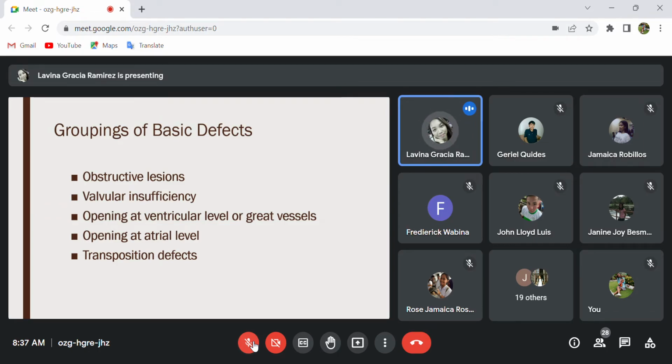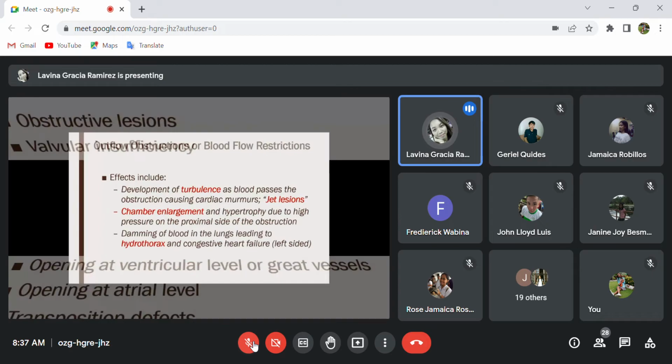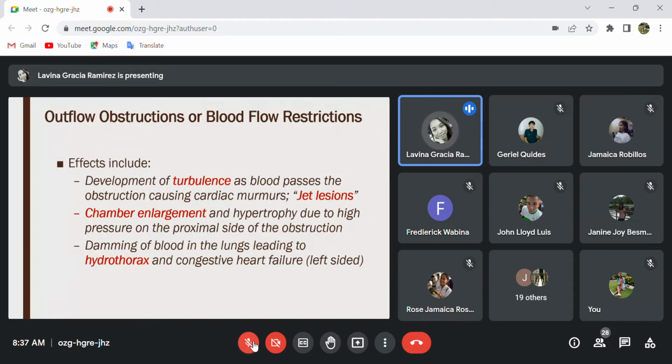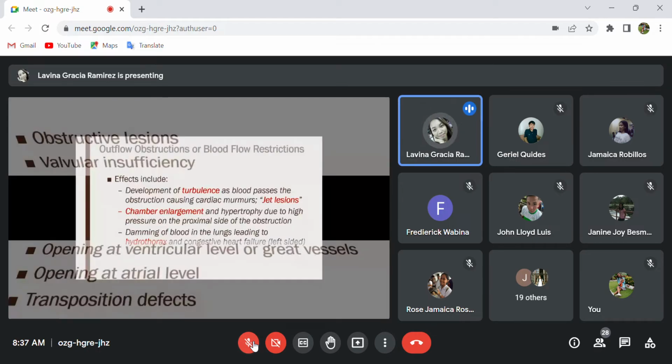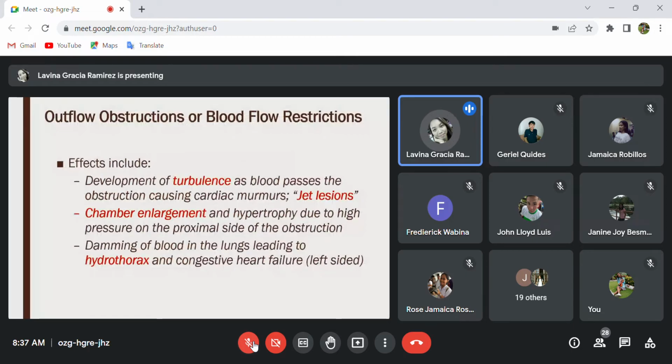So what could be the effect of the outflow obstructions or blood flow restrictions? That is to answer the first one, the obstructive lesions. The effects could include development of turbulence as blood passes the obstructions, causing cardiac murmurs. In our previous discussions, we discussed the jet lesions that look like corrugations, because of the turbulence of the blood and some pressure.